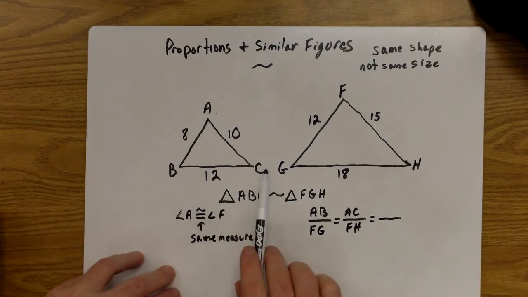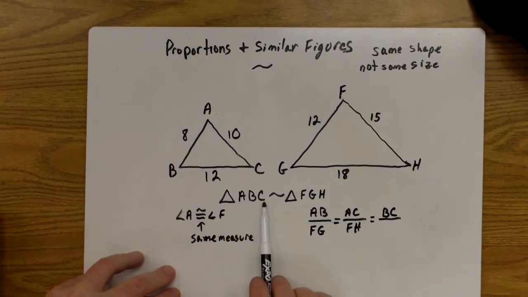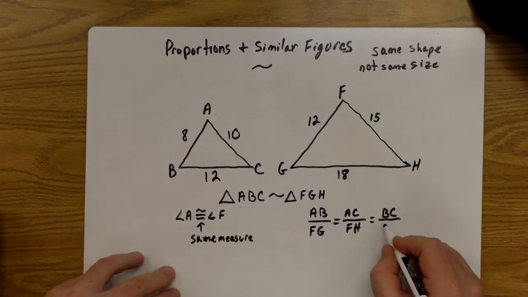And we could also say BC corresponds to GH.